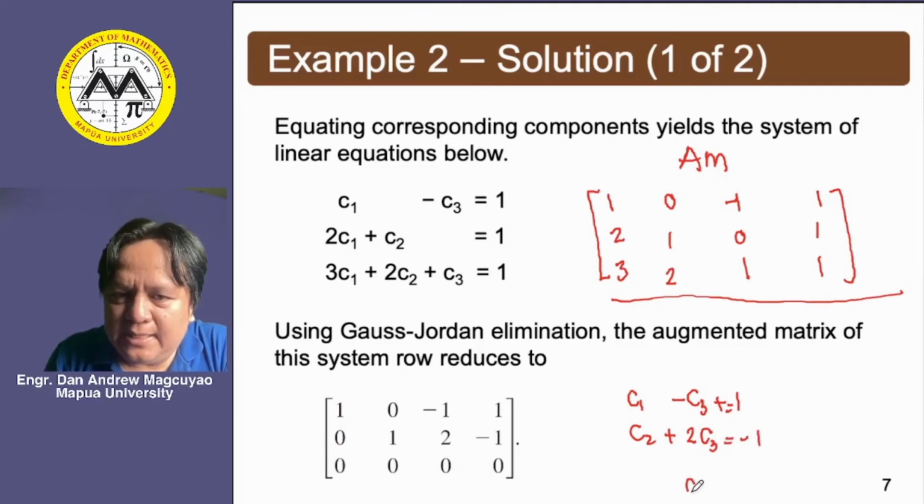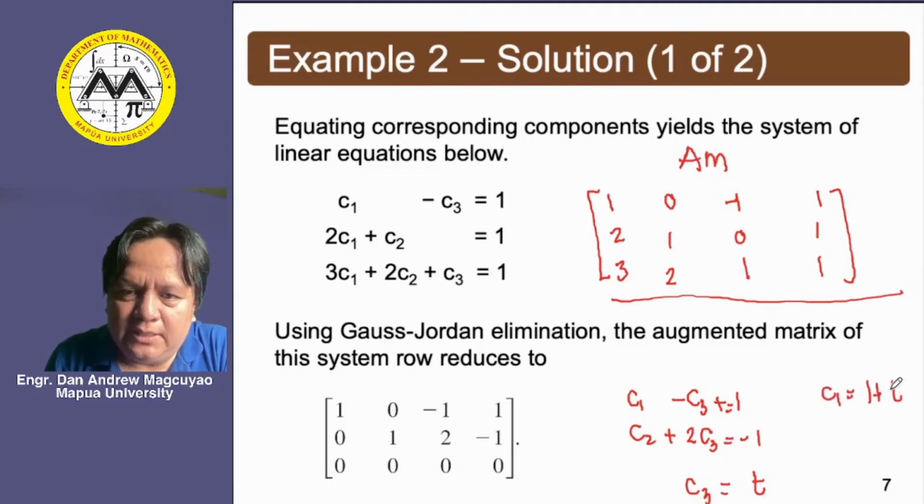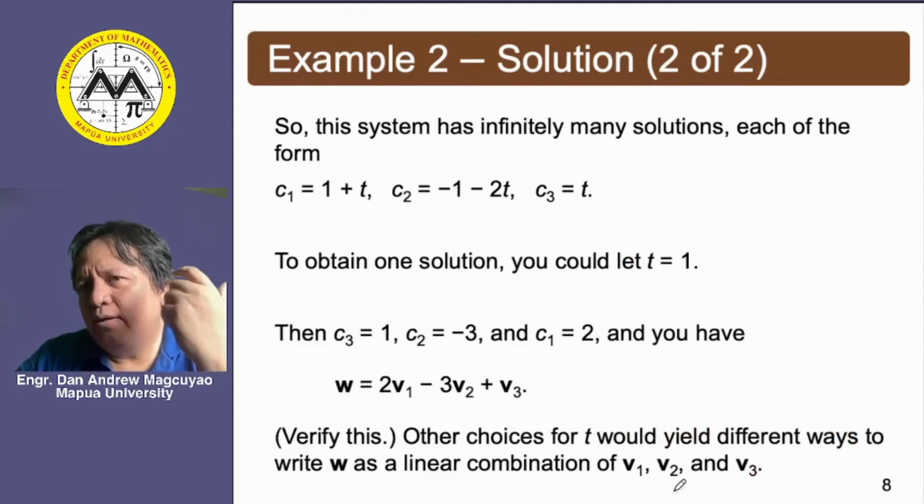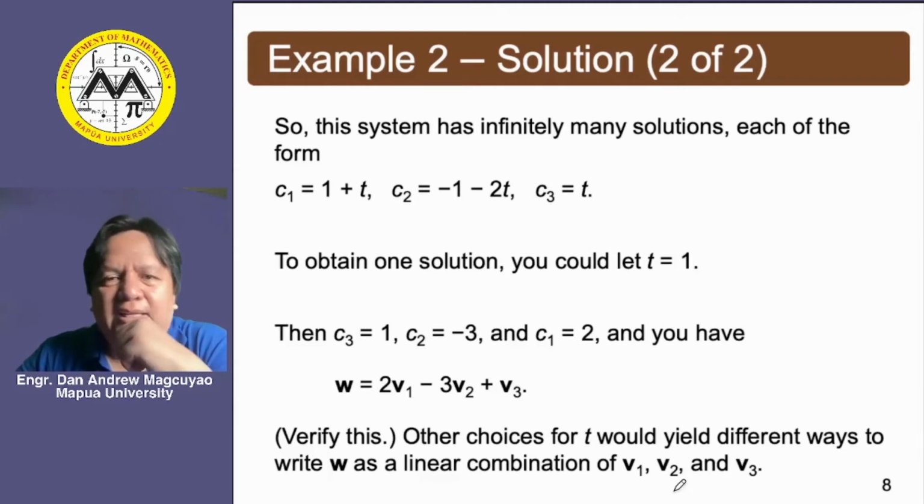So we can say c3 is equal to the parameter t, c1 is equal to 1 plus t, and c2 equal to -1 minus 2t. So this system has infinitely many solutions. It's not unique. There are different ways of obtaining that color.